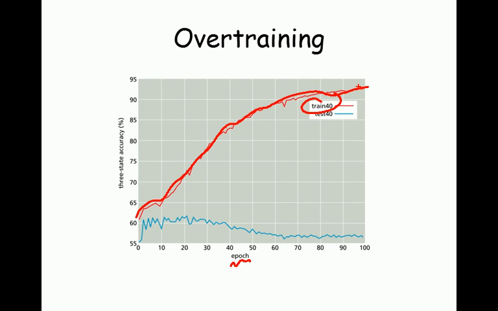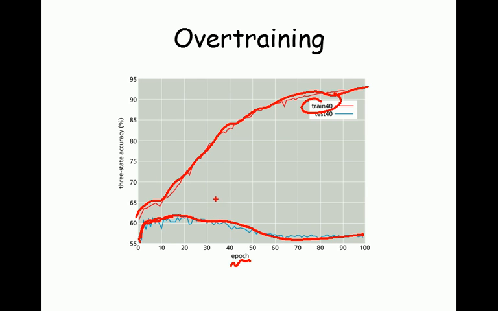But on a test set that you never let the network learn on, so you never let the network adjust its weights based on the test data, you still check the performance of the network. So you feed it to the network, you look at its output, and you independently look at how accurate it is. And then you get the blue line where the accuracy increases for a bit, but then it starts to decrease. All right?